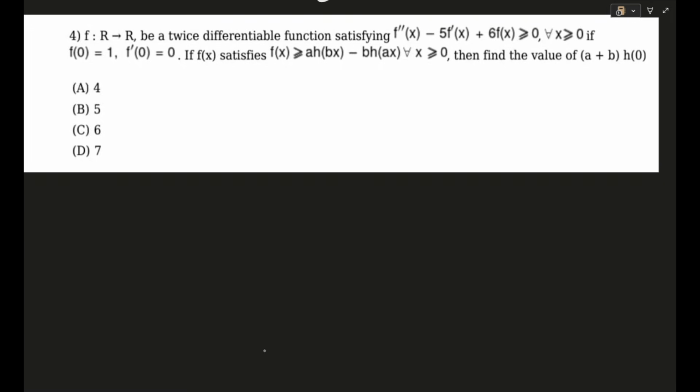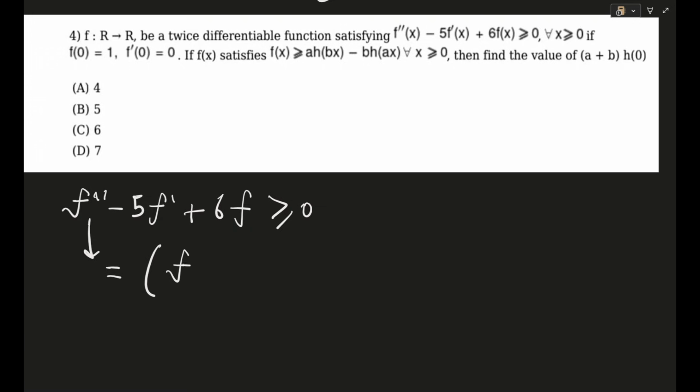Okay, so starting off, first thing is this is given as f double dash minus 5f dash plus 6f is greater than equal to 0, right? Okay, now look at this thing. We can write this as, I'm segregating it, f double dash minus 3f dash minus 2f dash plus 6f.